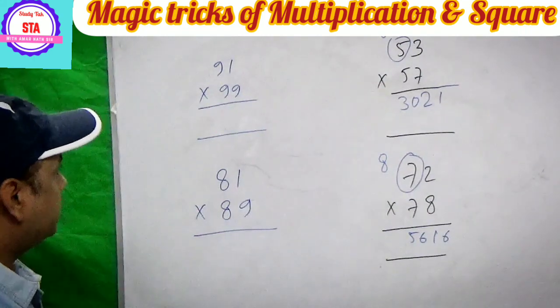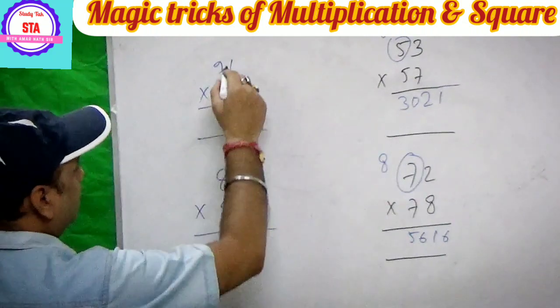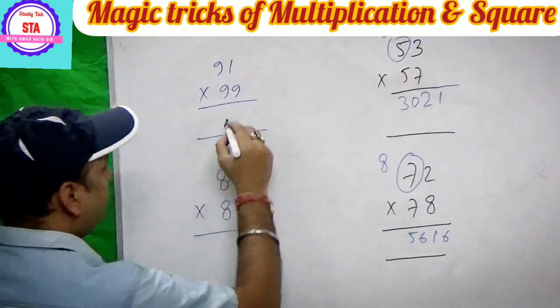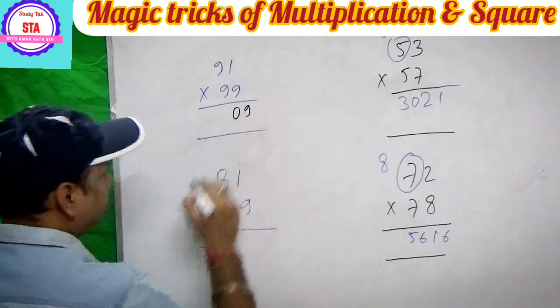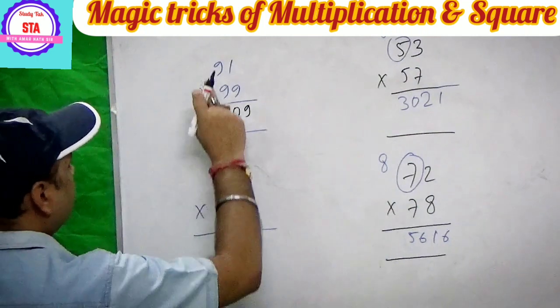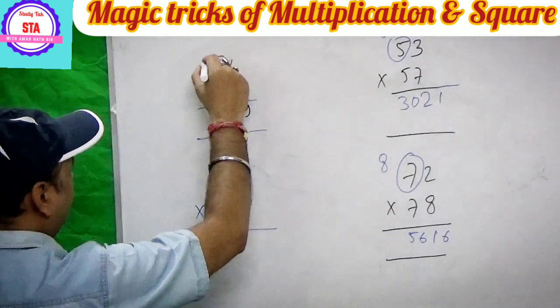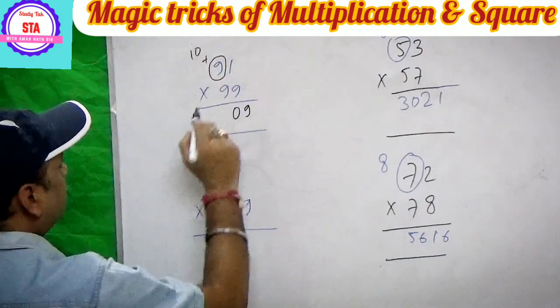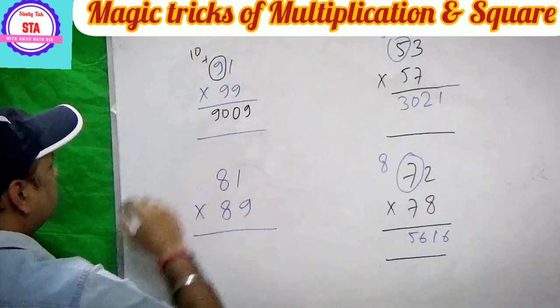Now you multiply these numbers. 1 into 9, that is 9. So you don't write 9. You write here 09. Okay. Then you add 1 in this, then it becomes 10. 10 into 9, that is 90. So 9009.